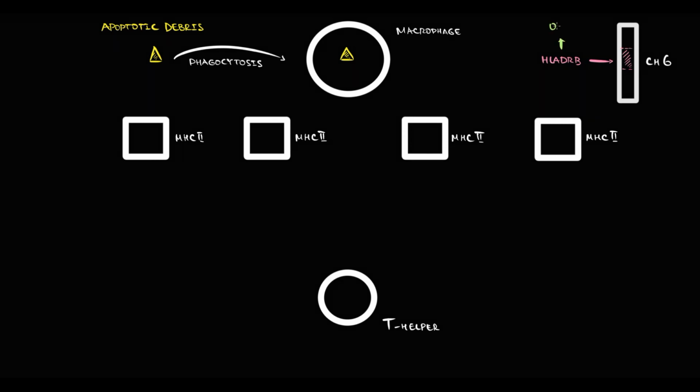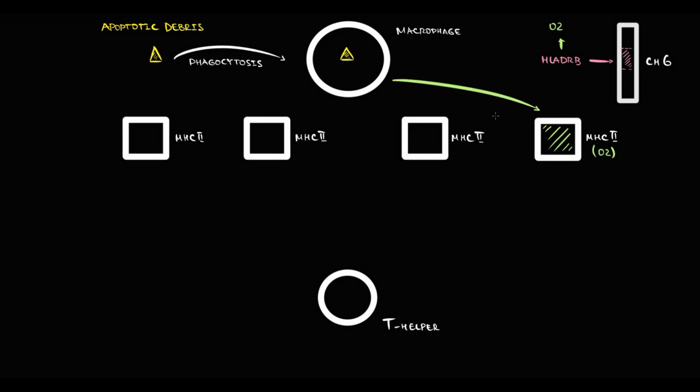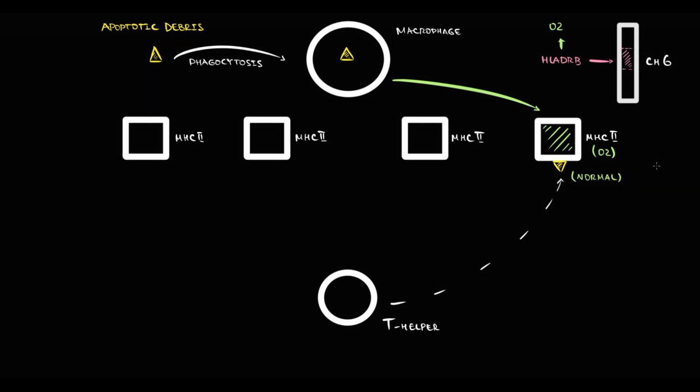For example, if a person has HLA-DRB2 allele, this person will have MHC2 receptor that was made based on genetic information in HLA-DRB2 allele. And such MHC2 receptor presents apoptotic debris in a perfectly normal way. And when T helpers come to this receptor, they recognize apoptotic debris as a normal substance, and because of this, they do not see any danger.